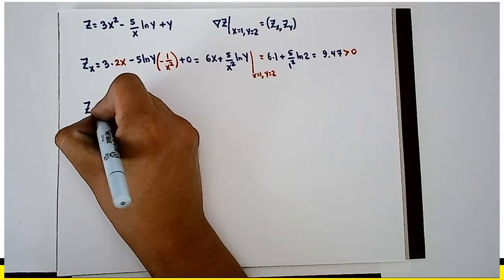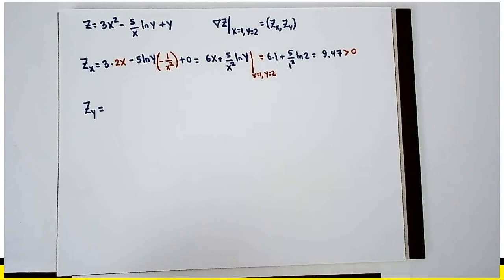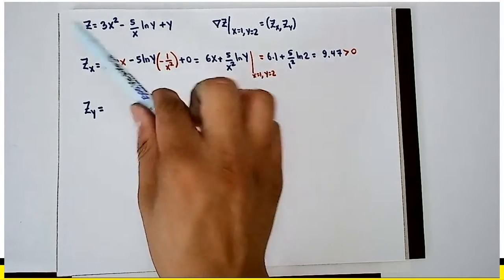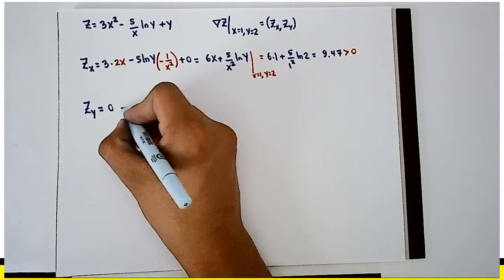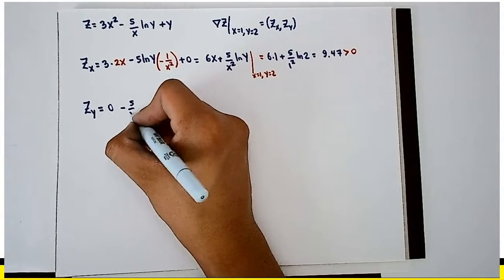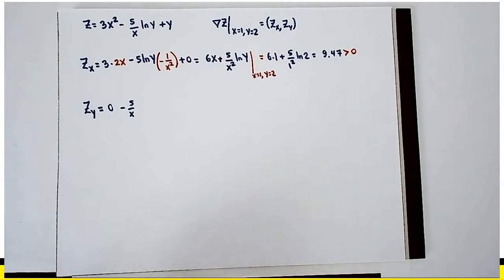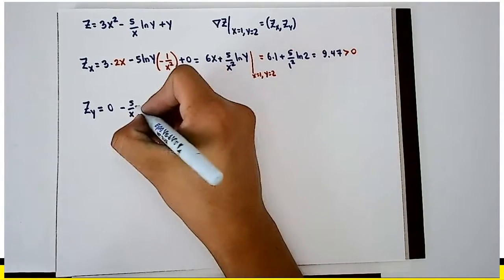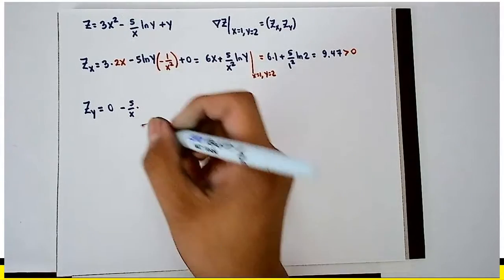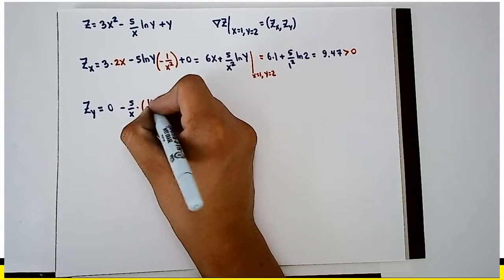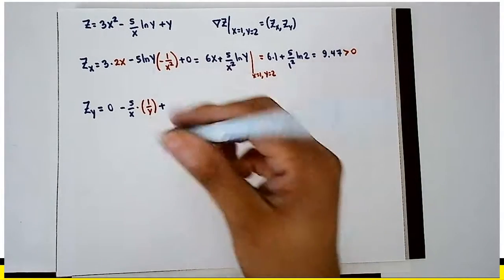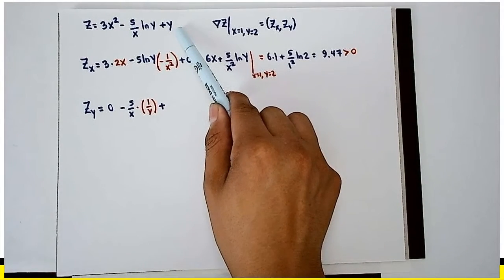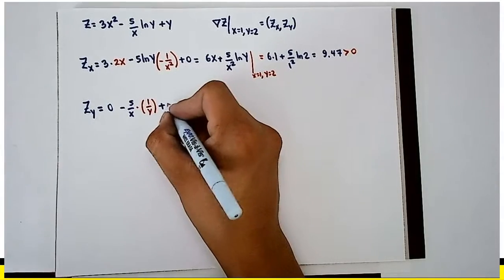Now let's continue with the partial derivative with respect to y. So the first term, the derivative is 0 because it does not contain y. Then minus 5 over x, which is the constant part, times the derivative of log of y is 1 over y, plus derivative of y with respect to y is 1.